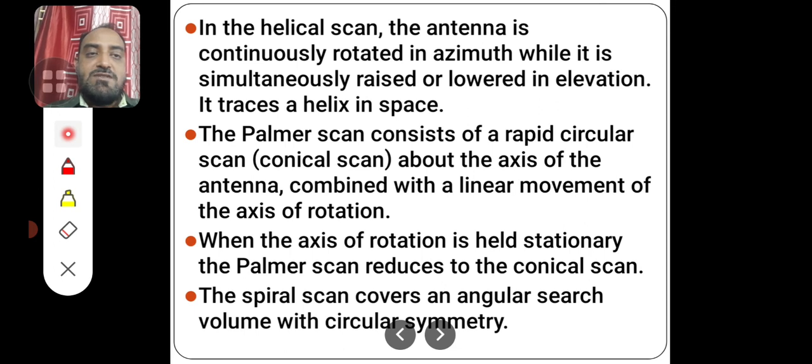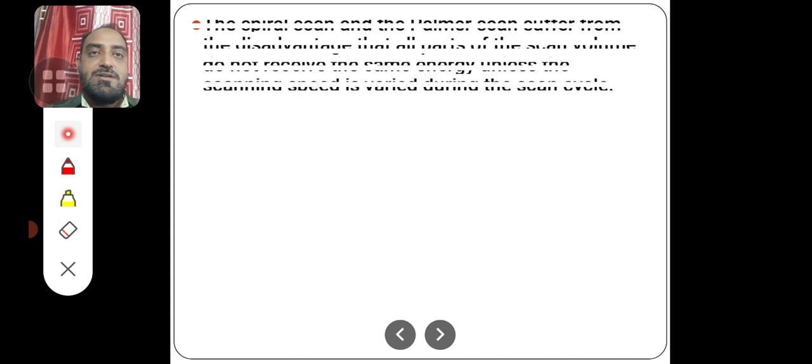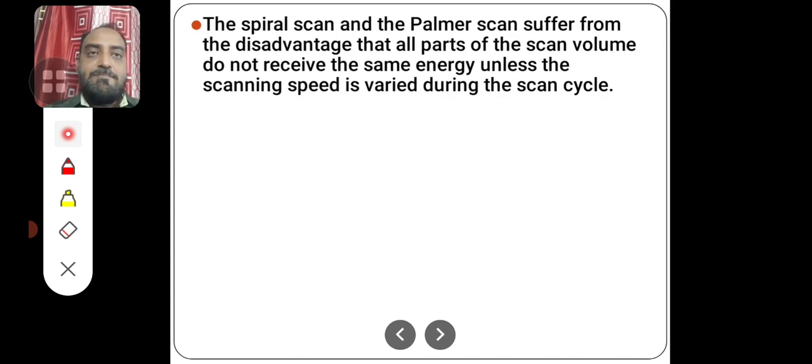The spiral scan covers the angular search volume with a circular symmetry. The spiral scan and the Palmer scan suffer from the disadvantage that all parts of the scan volume do not receive the same energy unless the scanning speed is varied during the scan cycle.